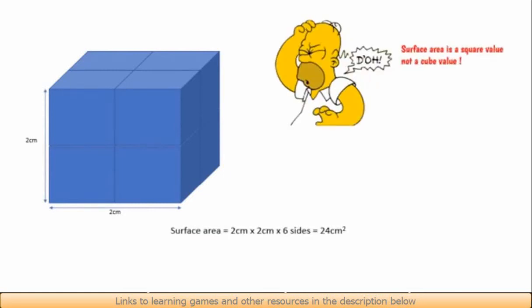That's 24 centimeters squared. Its volume, however, is 2 times 2 times 2, or 8 centimeters cubed. Now that gives it a surface area to volume ratio of 24 to 8, or expressed more simply, 3 to 1. So for each 1 centimeter cubed of volume, there are 3 centimeters squared of surface for absorbing.